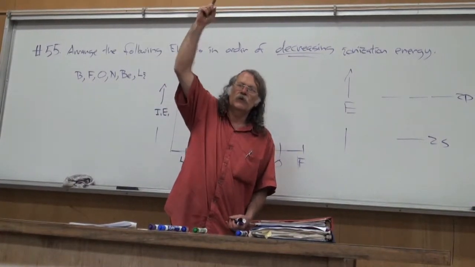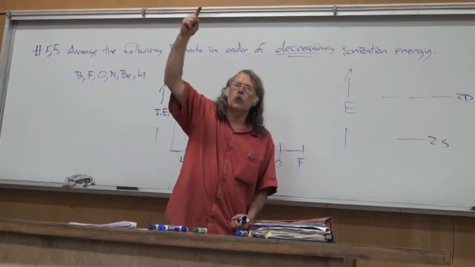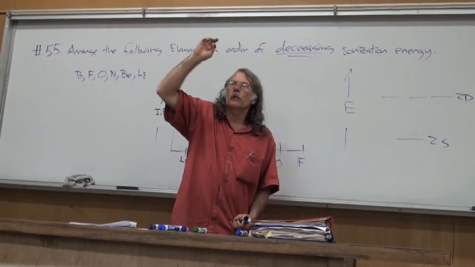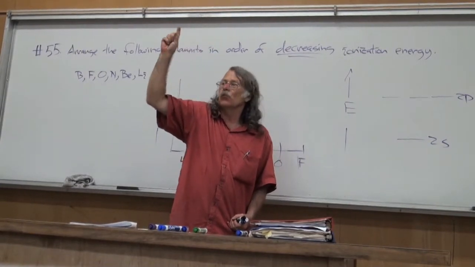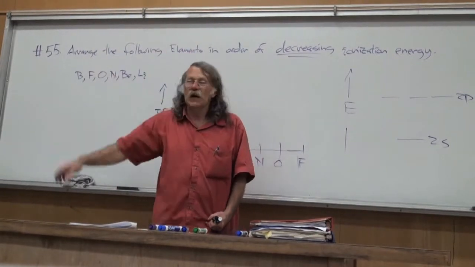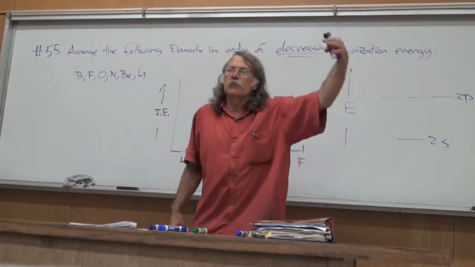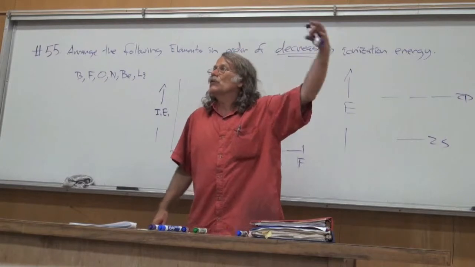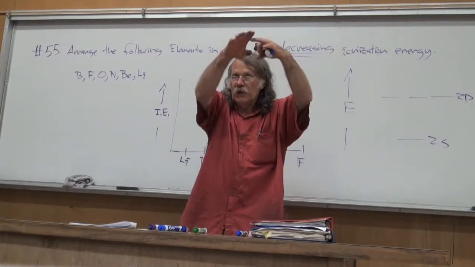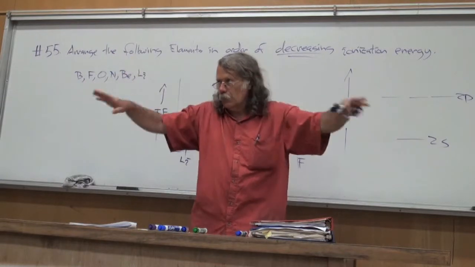Each row corresponds to a principal quantum number. The first row is the principal quantum number n equals 1. The second row is the principal quantum number n equals 2. And so on. As we go down, each row is another principal quantum number.